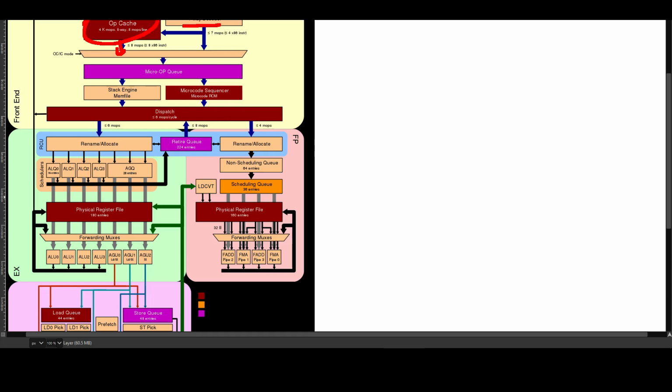And I saw in a recent video, Red Gaming Tech mentioned that he thought it was down to branch predictors, and this isn't really the case, because branch predictors are extremely accurate already.